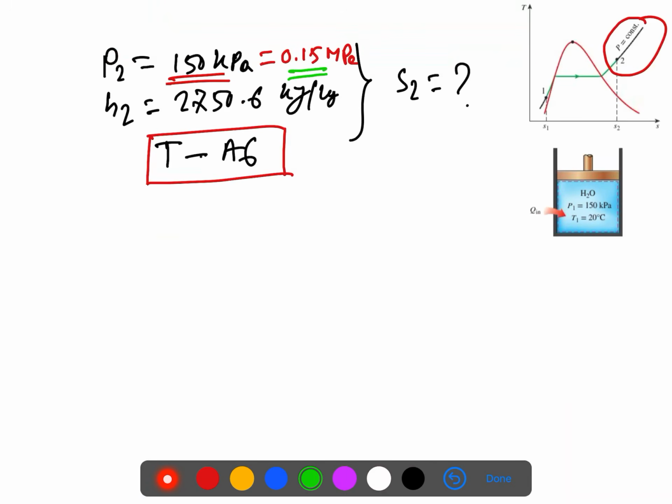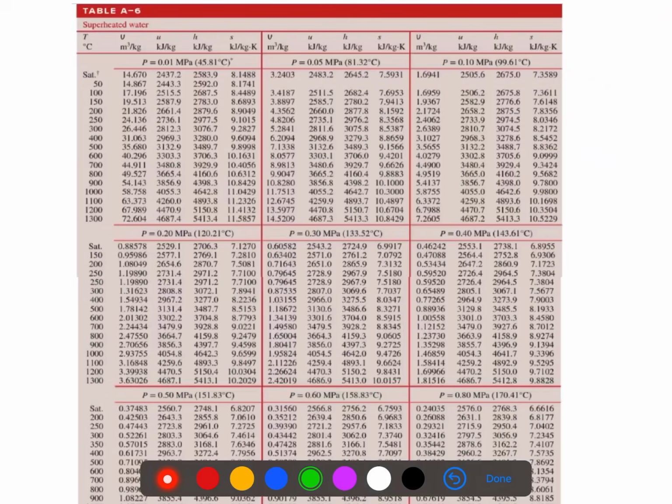That makes our life complicated. And h2 is this, so we need to do three interpolations here. To save some of our time, we want to minimize the length of the video.